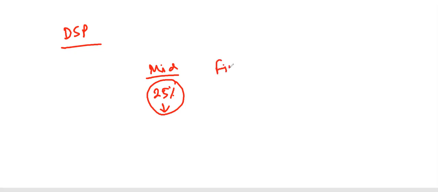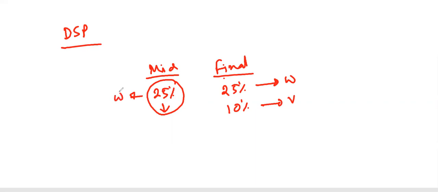The final also carries 25% for the written and 10% for the viva. For the mid, it is written, and for the final, this is 35%: 25% for the written and 10% for the viva.